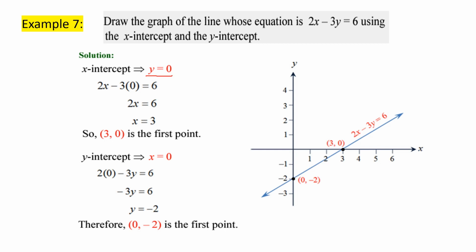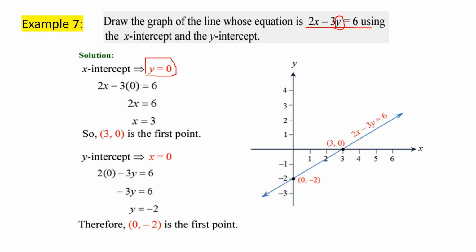So you have to replace y by 0 in the given equation. 2x minus 3y equals 6. So 3 times 0 is 0. So we have 2x equals 6, and dividing by 2 on both sides, x equals 3. So 3 comma 0 is the first point.